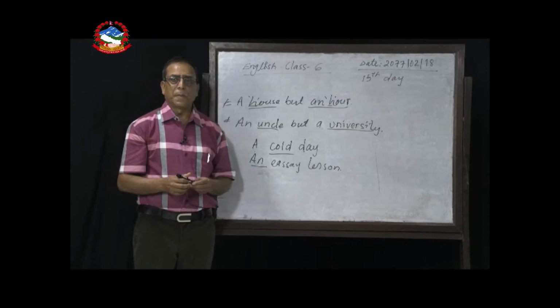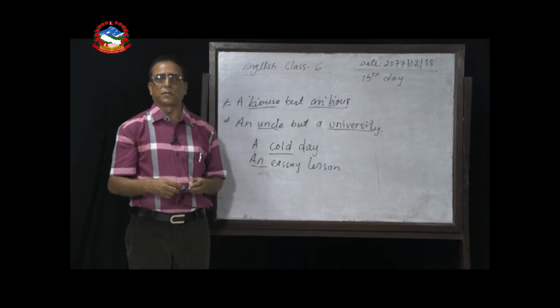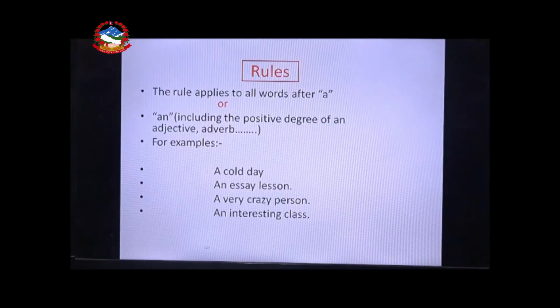Next example, a very crazy person. Before very crazy, we use a article: a very crazy person. And next one, an interesting class.